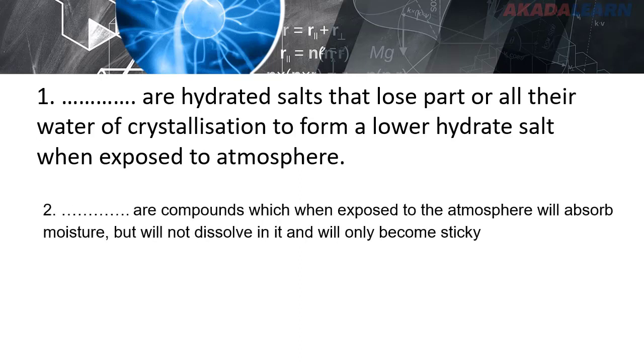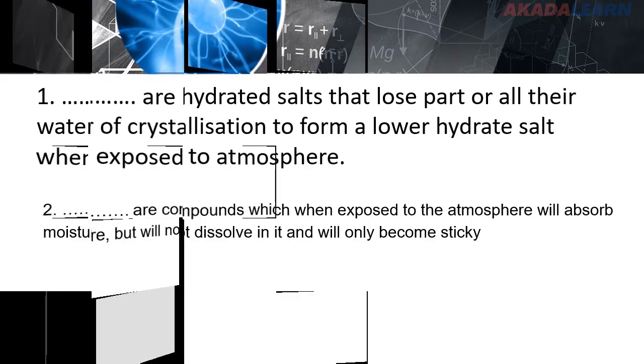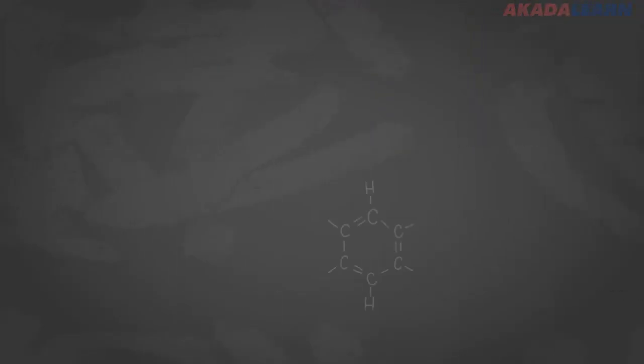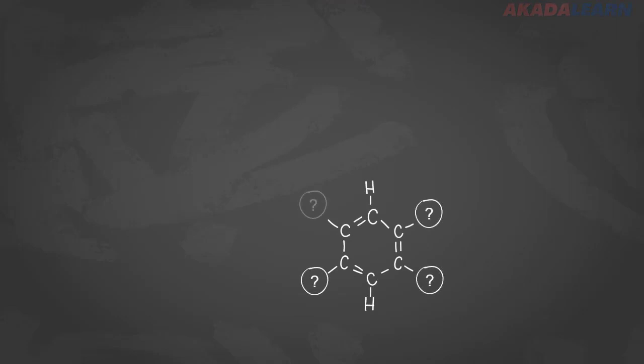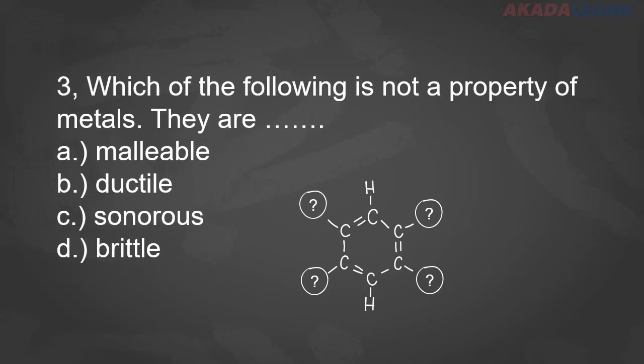Dash are compounds which, when exposed to the atmosphere, will absorb moisture but will not dissolve in it and will only become sticky. Which of the following is not a property of metals? They are: A. malleable, B. ductile, C. sonorous, D. brittle.